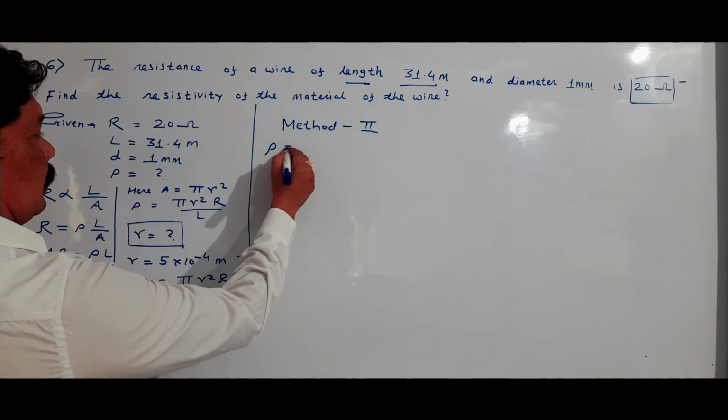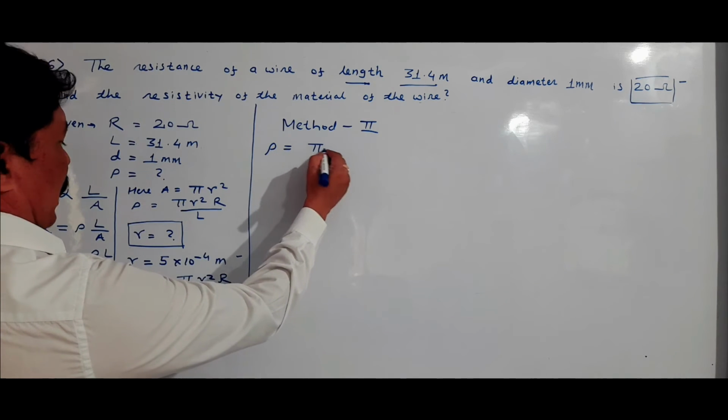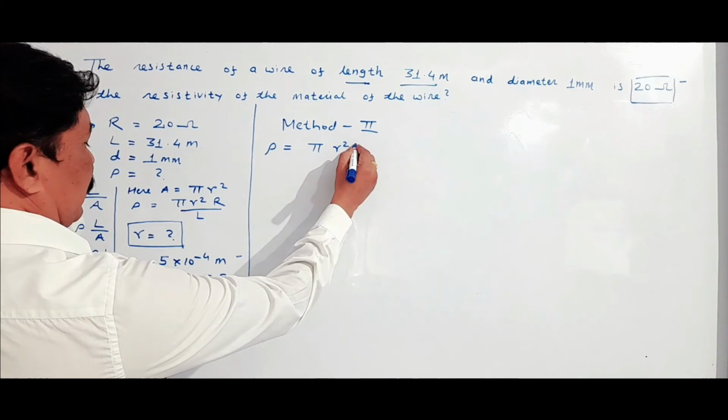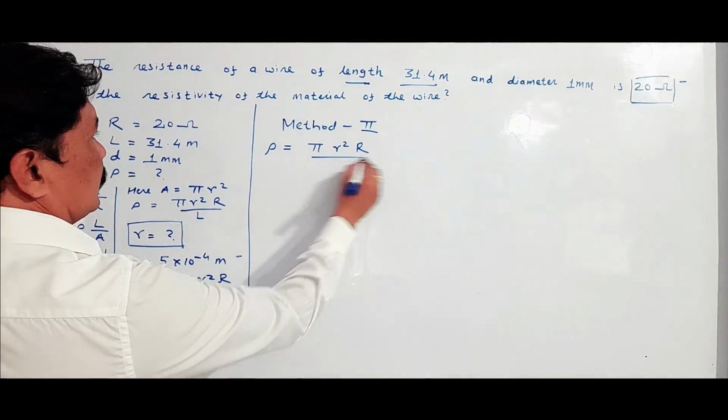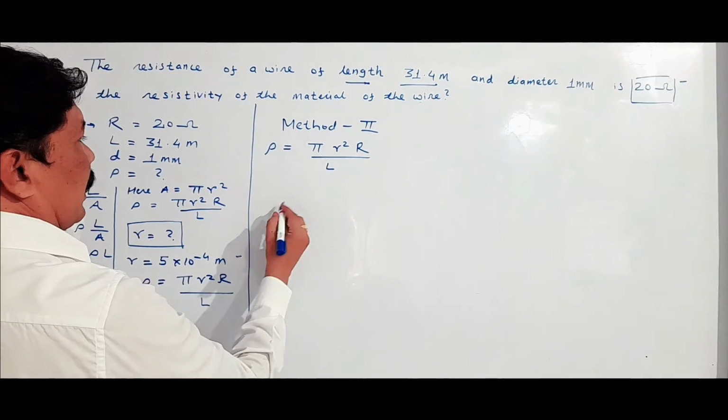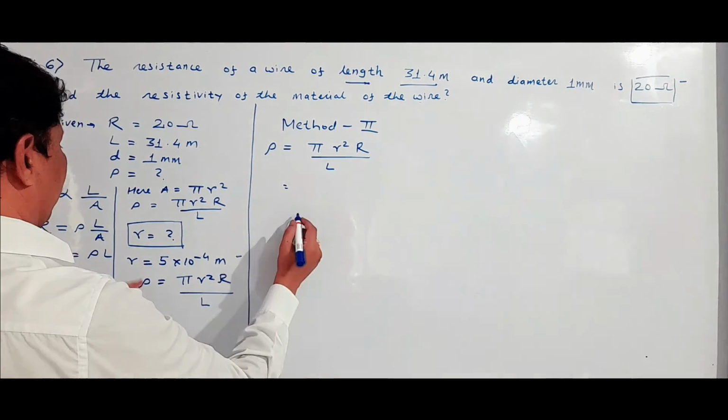Resistivity of a material is equal to pi r square into resistance upon L. We'll put the value.